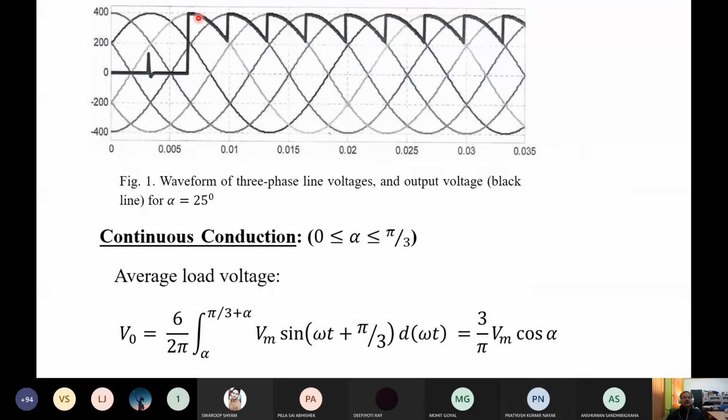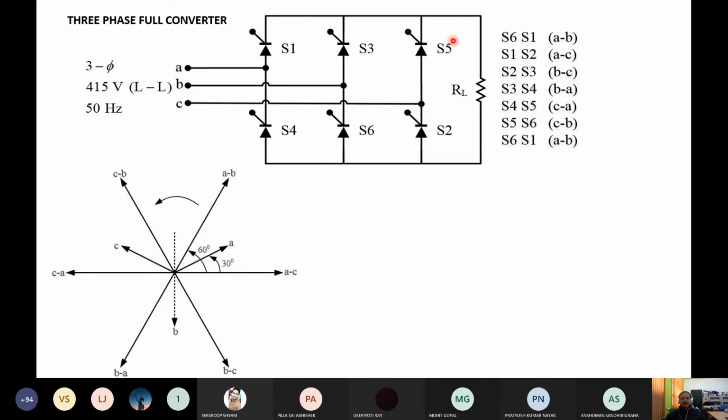Every 60 degree gate pulses are required: thyristor 6, 1, then 1, 2, 2, 3, 3, 4, then 4, 5, then 5, 6. Then again 6, 1, 1, 2. Here is the sequence.